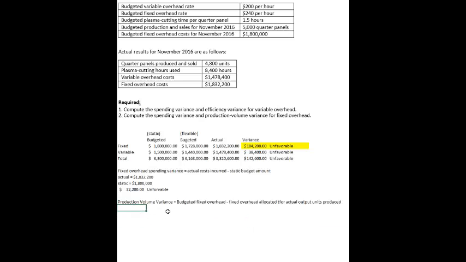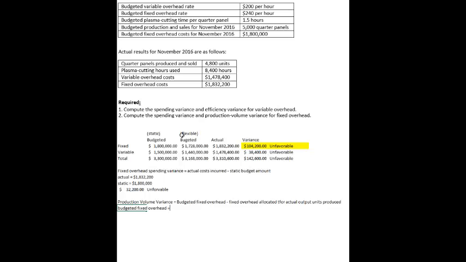The idea of the production volume variance is it gives us a little peek into the capacity of a manufacturing organization and how well we're utilizing that capacity. So we're going to look at the budgeted fixed overhead. When I say budgeted fixed overhead, that's not detailed enough.